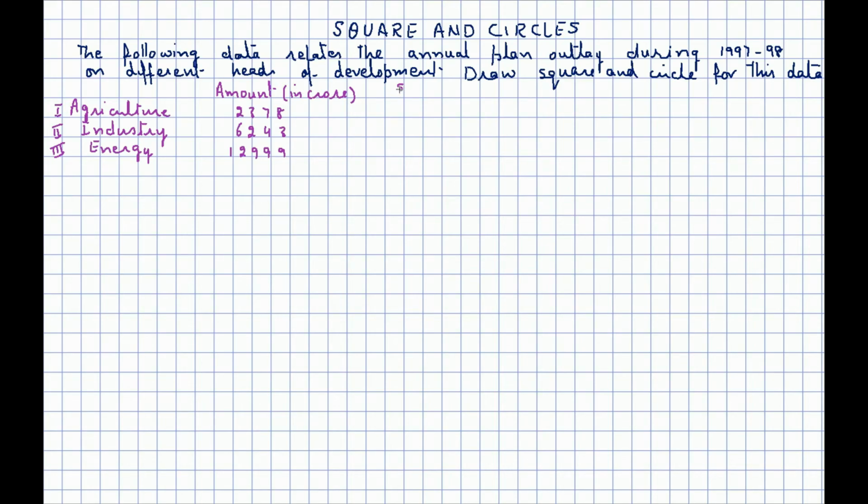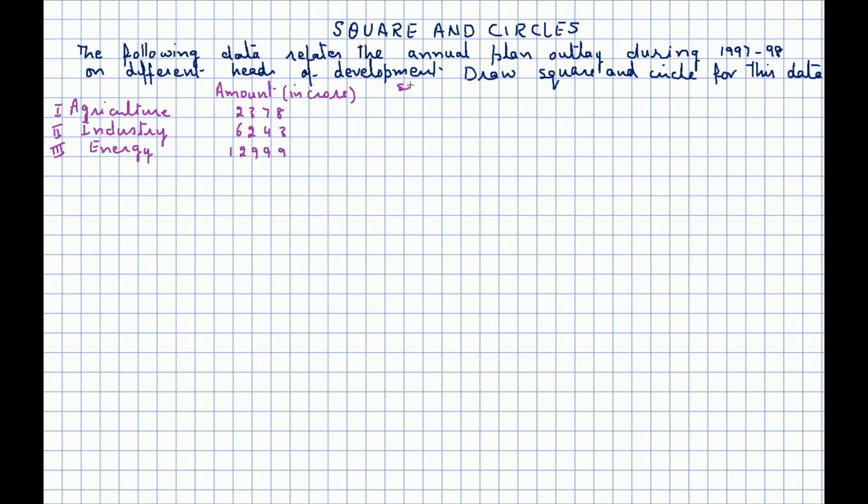Now, to construct the square, take the numerical figures as the area of the square. From that area of the square, we can find the side of the square. How will you find the side of the square? It is the square root of the given numerical figure.